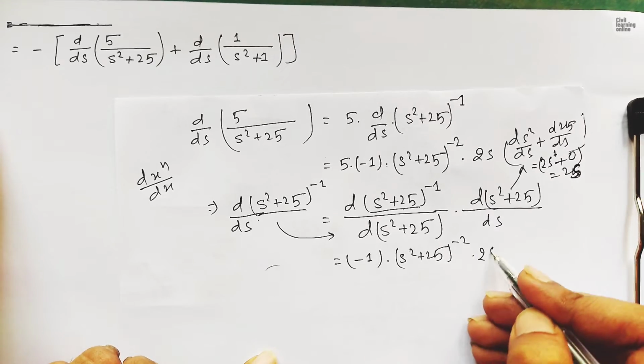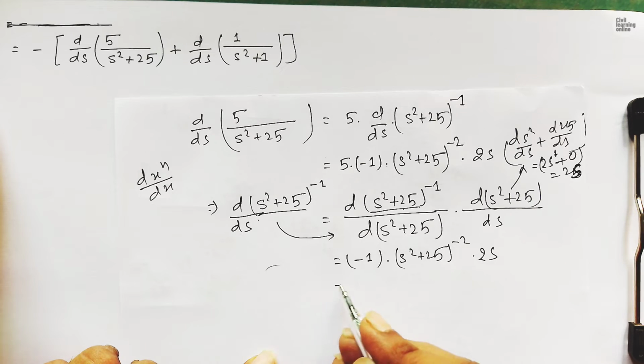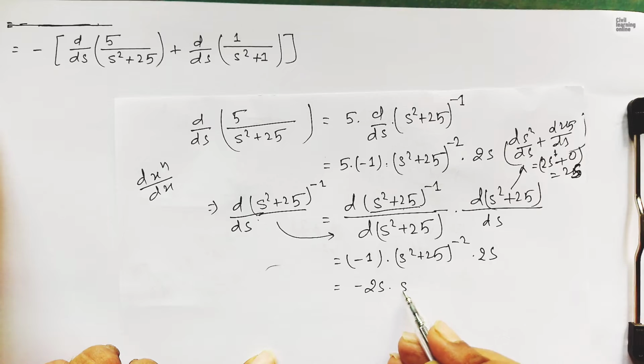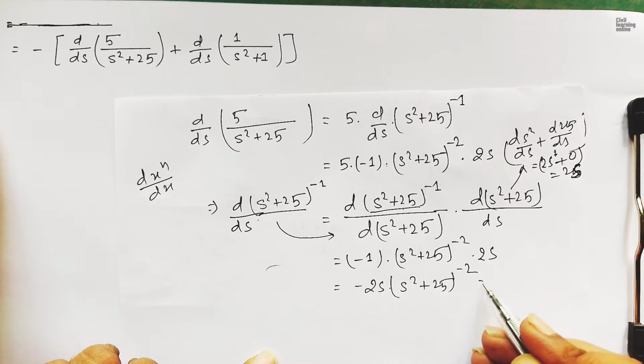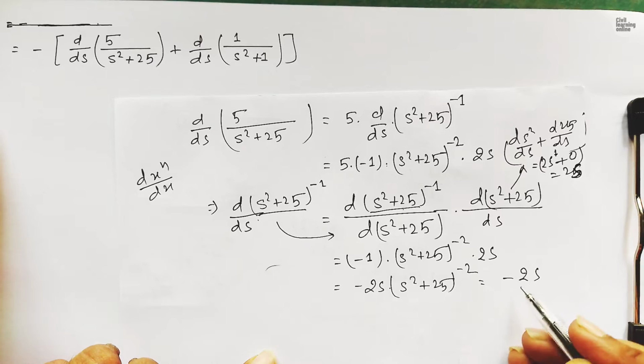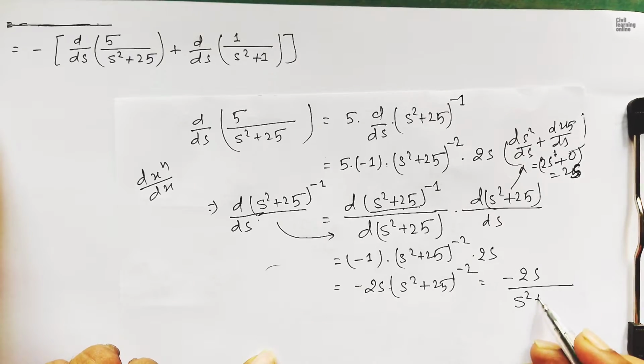Okay, so on doing the derivative, we got minus 2s times (s square plus 25) to the power minus 2. We can rewrite it as minus 2s upon (s square plus 25) whole square.